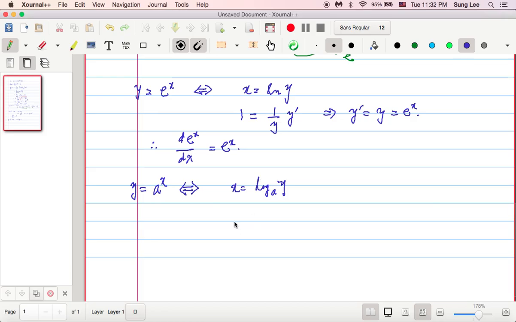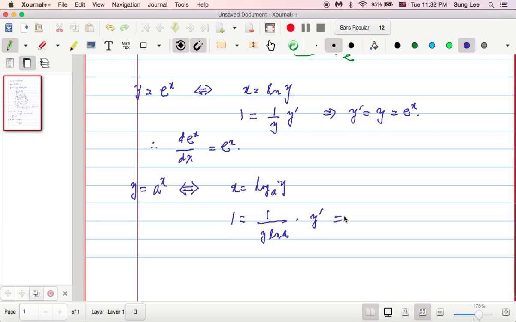Okay, so we do the same thing. You take the derivative with respect to x, so the left hand side is 1, and the right hand side is going to be, as we just talked about, 1 over y times ln a, and then you have to multiply that by y prime.